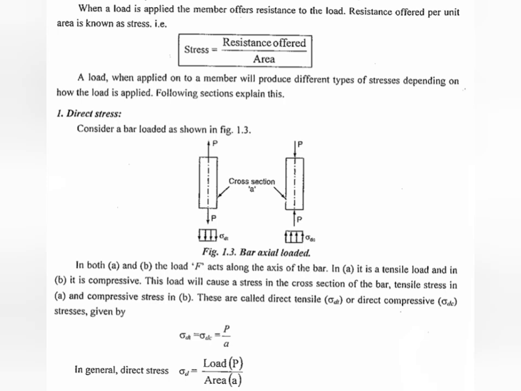Look at the given figure. It is an axially loaded member. The first one is in tension because both forces are applied away from the member, but in the second figure the load is applied towards the member. So one is a tensile and the other is a compressive load. At both A and B, the load is represented as P, not F. The P acts along the axis of the bar, right?